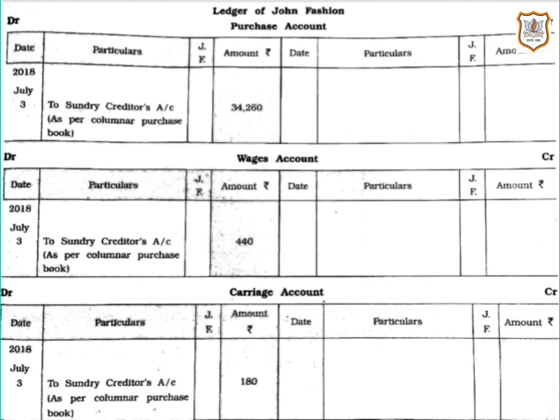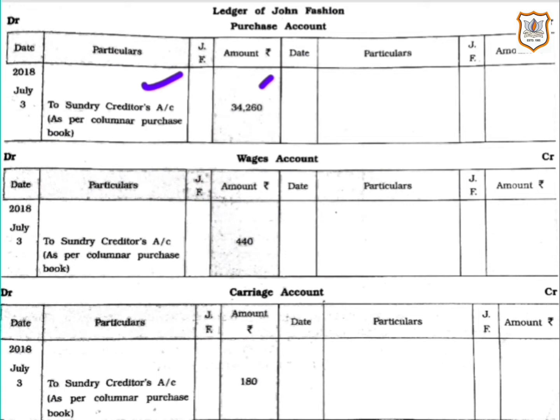As the purchase account shows a debit balance, we will record the total amount, that is 34,260, on the debit side, and in particular we will write to sundry creditors account.